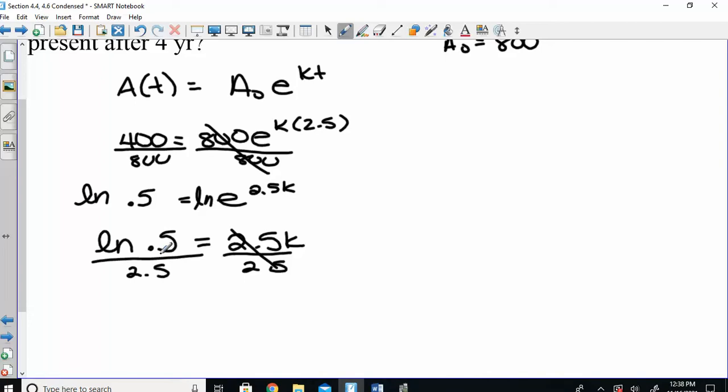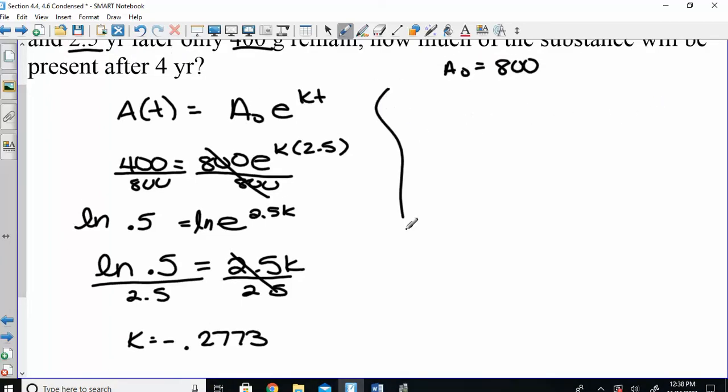So if we put this in our calculator, natural log 0.5 divided by 2.5, our constant is a negative, which we already knew it would be negative because it's exponential decay here, 0.2773.